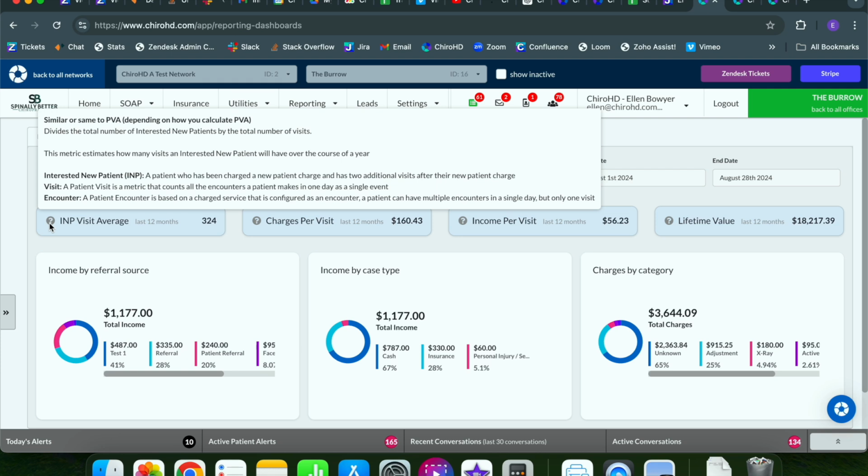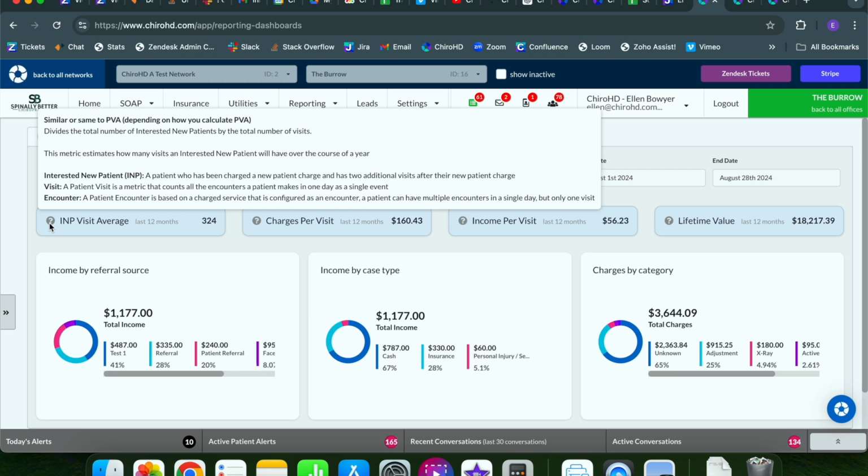So when we say dividing by the total number of visits, that's the single data service, a single event that the patient has come in. An encounter, as I just explained, is based on charges received that's configured in our tracking and reporting page, and a patient can have multiple encounters in a single day, but that's still only 1 visit.